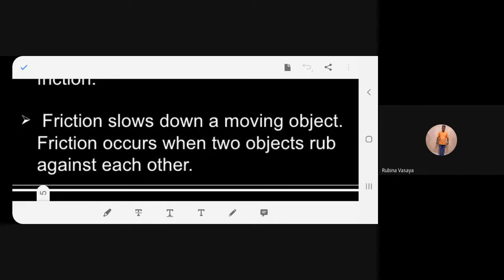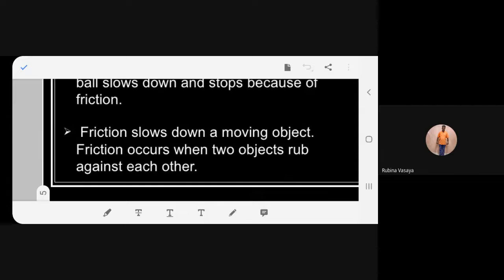Always remember the activity you just did: when you allow the ball to move on the floor or the ground, it slows down and then it comes to a stop. So this also is a force, that is, friction force is applied onto the ball that is making it slow down.